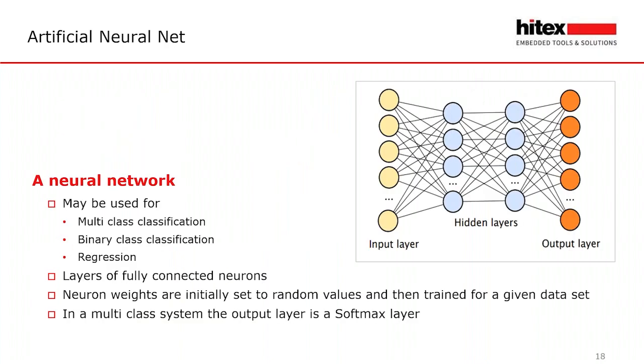So then to create a neural net, we need to arrange our perceptrons as a series of layers. Each of the dots here is a perceptron, and all of the outputs are connected to all of the inputs in the next layer. And we can add more and more layers, hence the term deep learning.